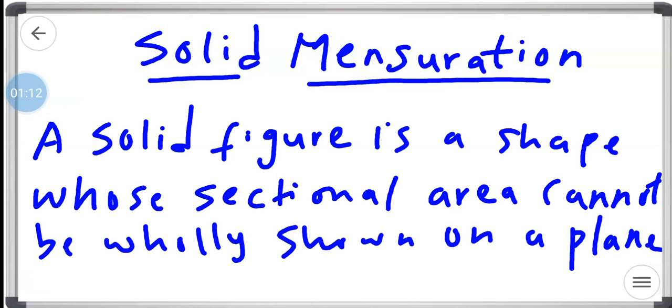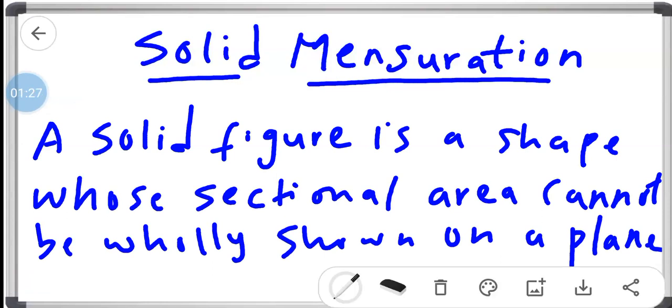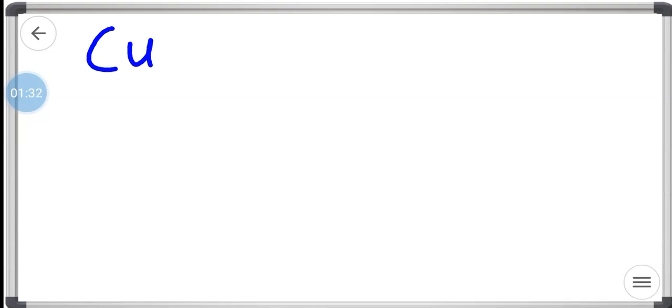Today we'll be considering the cube. We'll consider the length of a diagonal, the surface area, and also the volume. So for a cube, the first formula that we'll be considering is the surface area.